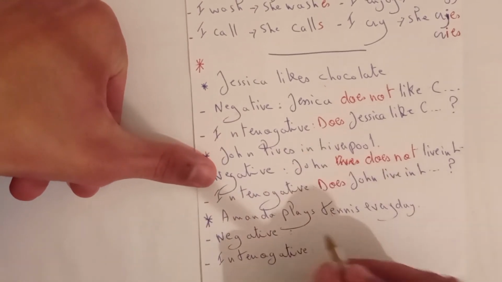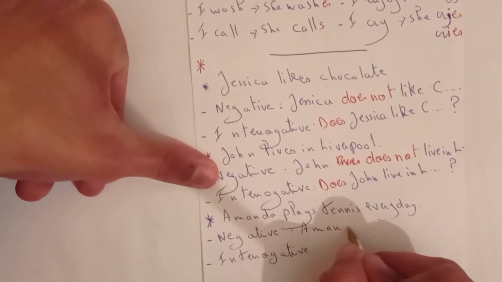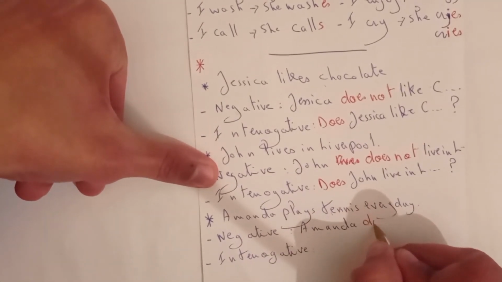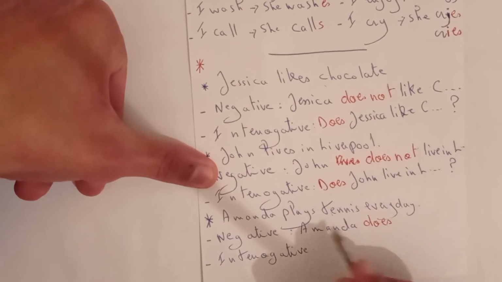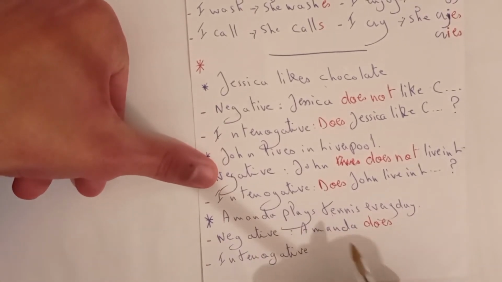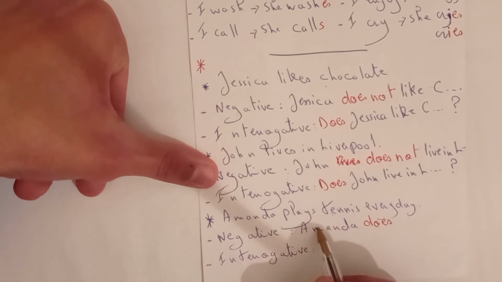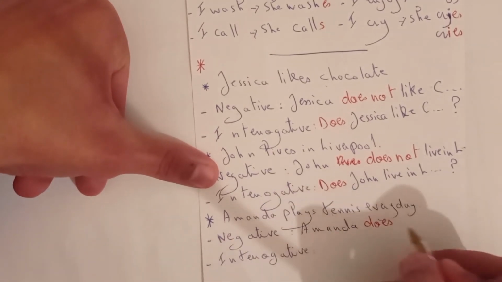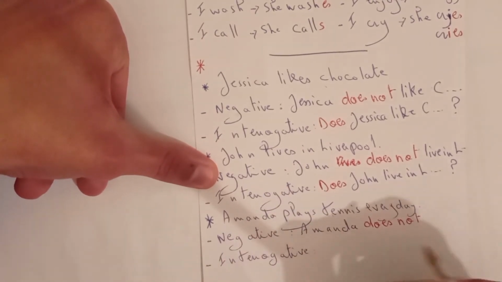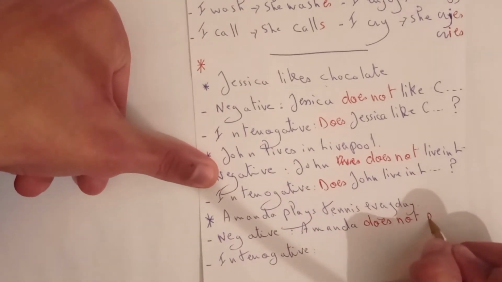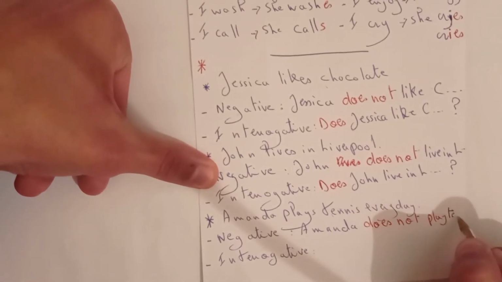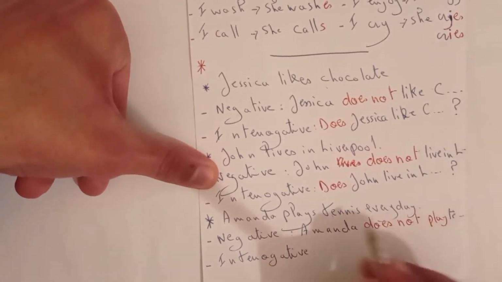Amanda, to have a negative sentence, what do we need? Amanda, subject plus auxiliary, good. Amanda does. Why? She does. We say I do, you do, he, she, it does. Amanda does plus what? Plus not, because we have a negative sentence here. Amanda does not play tennis every day. Okay, continue the sentence.